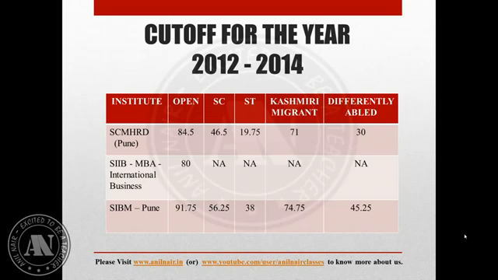Cutoffs. Before we get into the cutoffs for 2013 to 2015, I am referring to the SNAP 2012 exam to gain admission for the 2-year MBA program from 2013 to 2015. If you look at the cutoffs for SIBM Pune, in 2012 the cutoff was 91.75 and in 2011 it was 118.